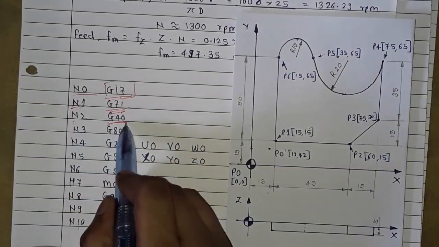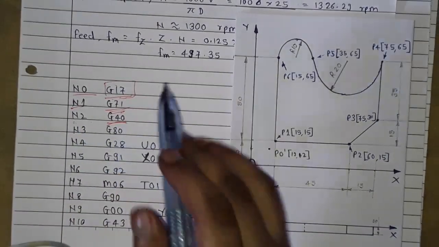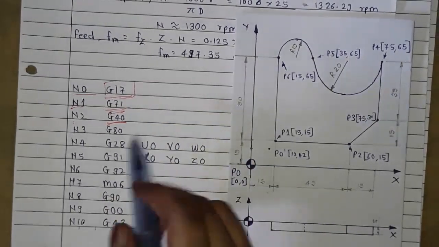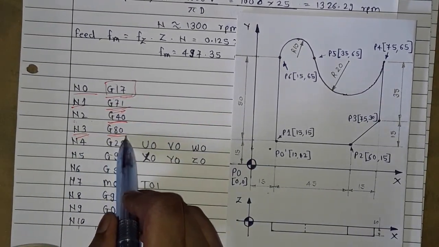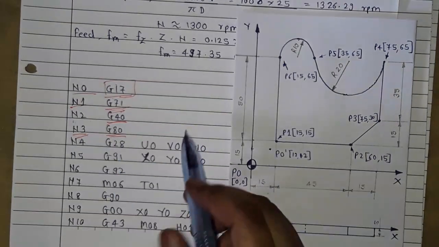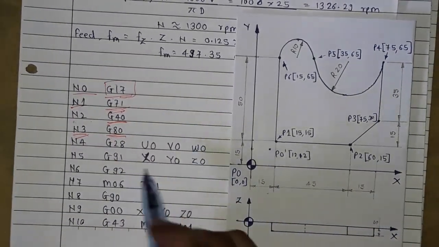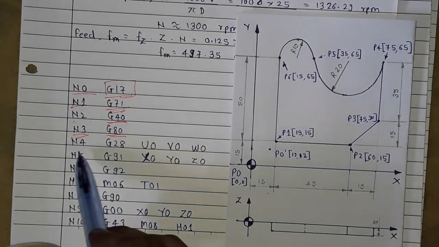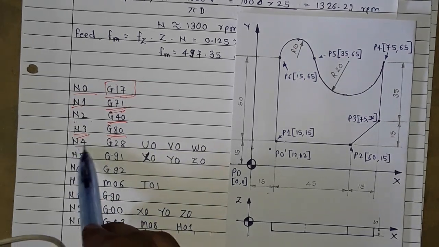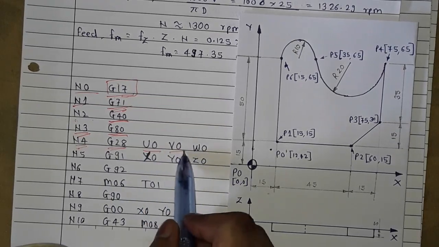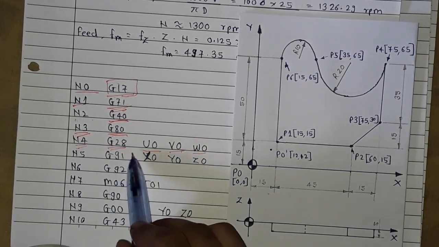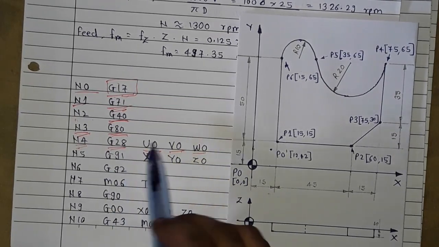N2, G40 is for cancel cutter radius compensation. N3, G80 is for cancel canned cycle. Now here friends, N4 G28 U0 V0 W0 is for the home position of the tool.